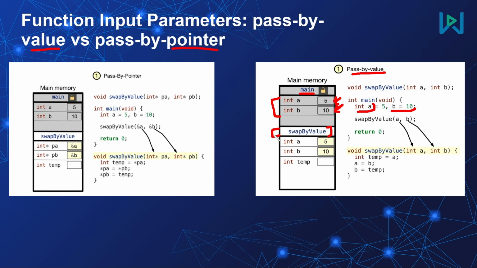However, when invoking our C function and passing those input parameters to it, we need to copy the content of those variables to the local context of this C function.